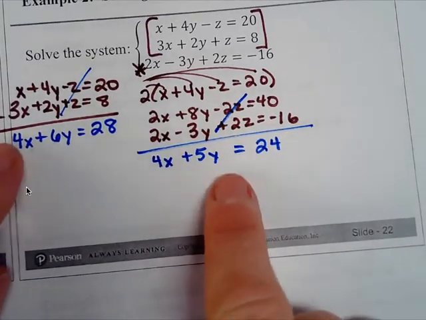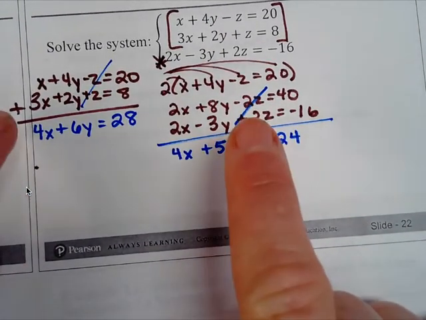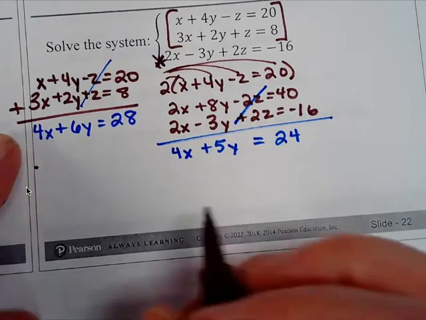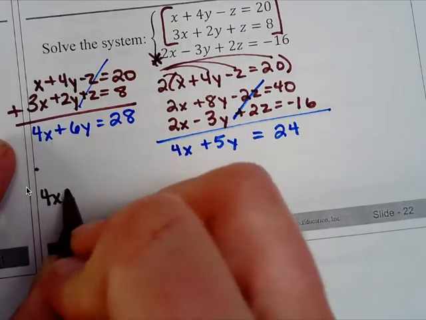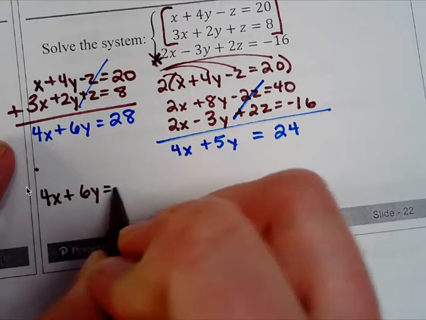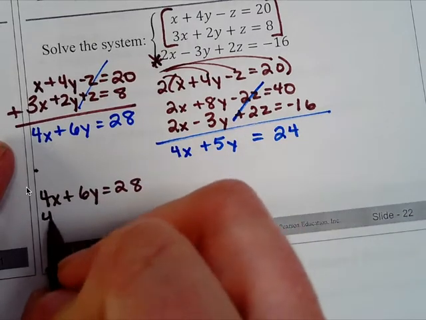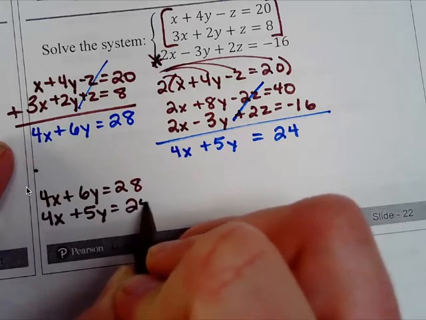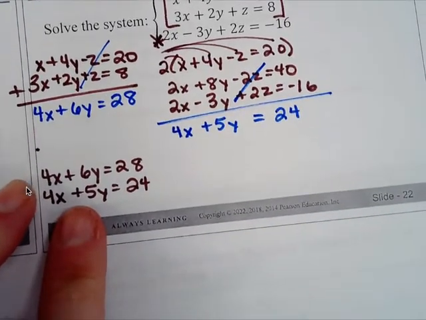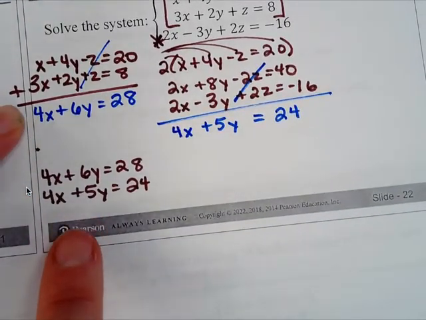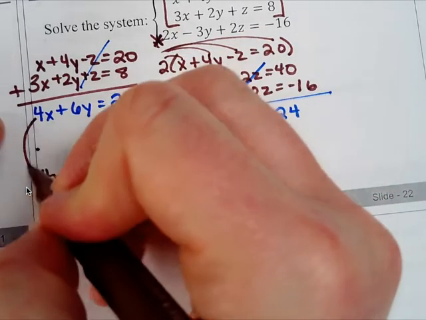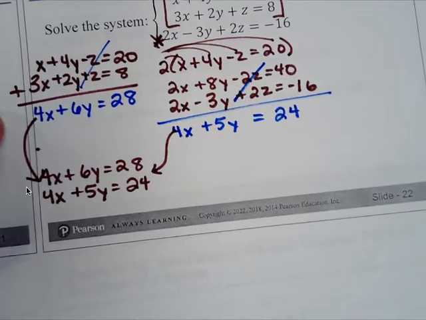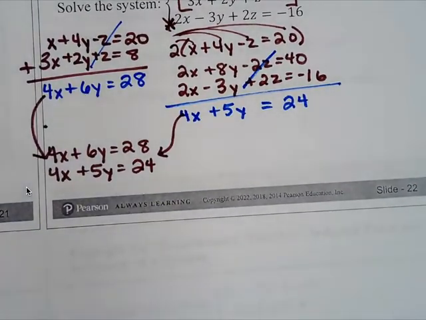All right, so now I have two variables, two equations. So I'm going to put them on top of each other. That's my second one. So this came here, and this one went here. I want to subtract it.